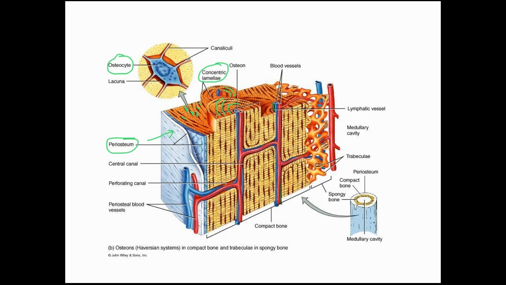Now, all of them put together, so this entire circle, I know half of it's been cut off, that would be an osteon. So all those concentric lamellae and the lacuna together form an osteon.